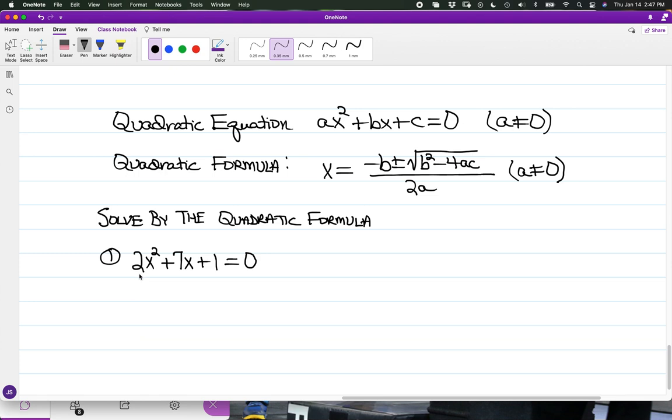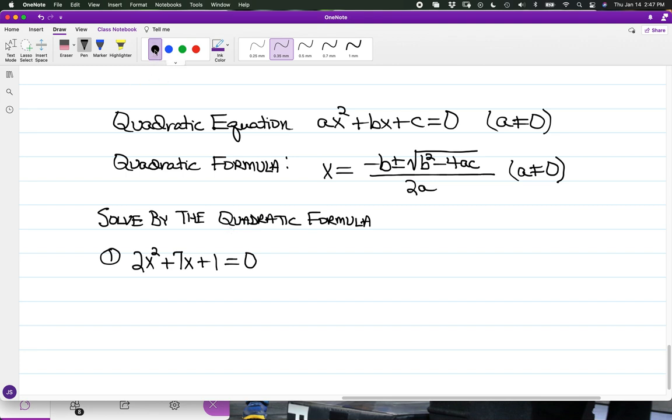If you try to factor by grouping, the first times the last coefficients, 2 and 1, give a product of 2, and the only integer factors are 2 and 1 and negative 2 and negative 1, and the sums will be 3 and negative 3, but not 7.